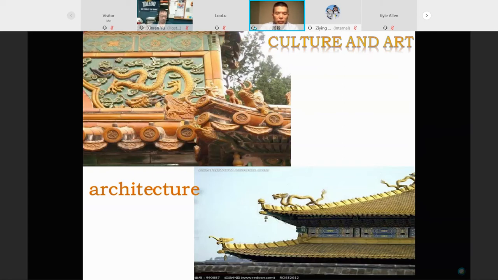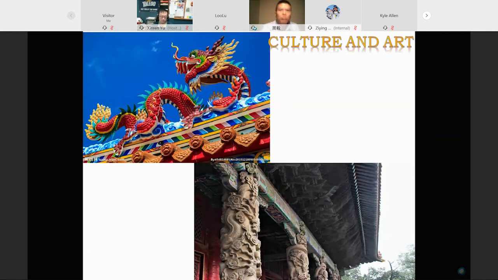You can see dragons everywhere. On the roof, on the beam, on the pillar, everywhere.